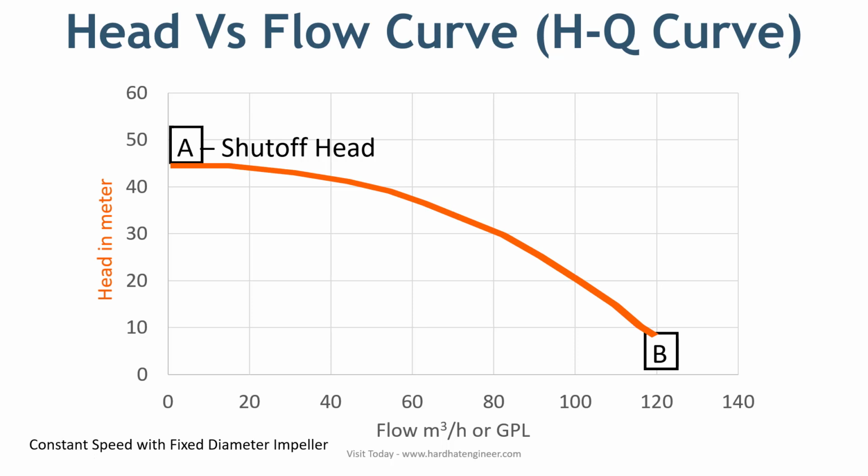Point A is when you keep the pipe vertical and the water will go to a certain height before it starts to fall. Point B is when maximum water is coming out of the hose when there is no pressure head. From point A to B, you can see that head is reduced with the increase in the flow rate. This is all about the head versus flow curve.